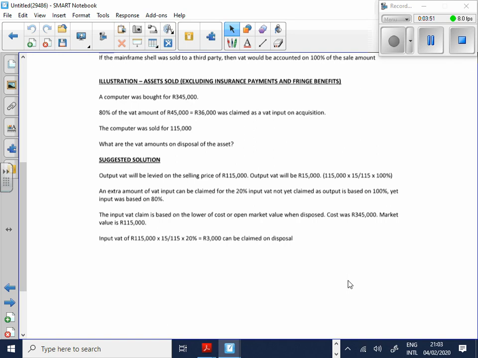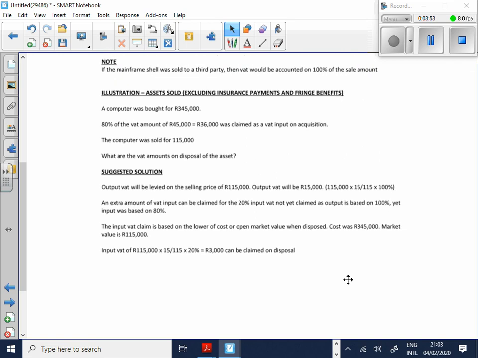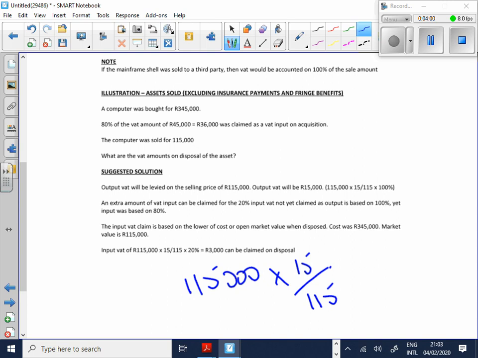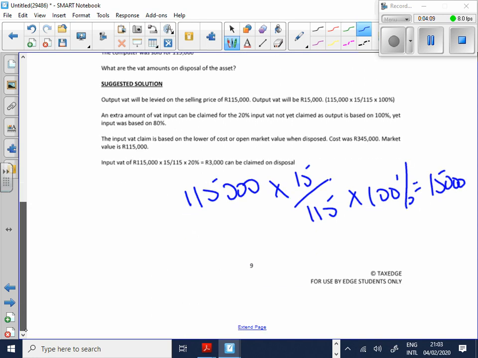So what we're going to do is we're going to say it's 115,000 times by 15 over 115 times 100%. So that's going to equal 15,000 output. Happy? And what they say is because I've got the 15,000 Rand as 100% output, I can claim the remaining 20% of the input when I sell it because I've charged 100% output.